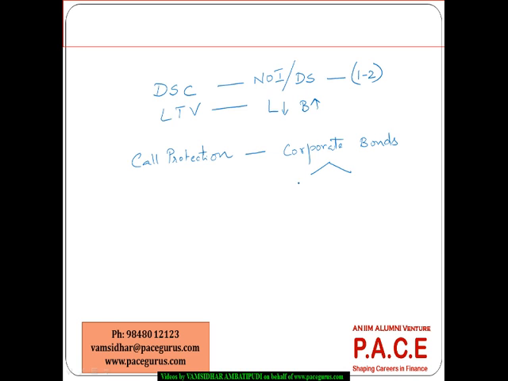So either the CMBS structure through the various tranches should create this call protection or prepayment protection, or it could be at individual loan levels in terms of lockouts, penalties, or defeasance, or finally it could be yield maintenance charges where we are talking of make whole the loss.